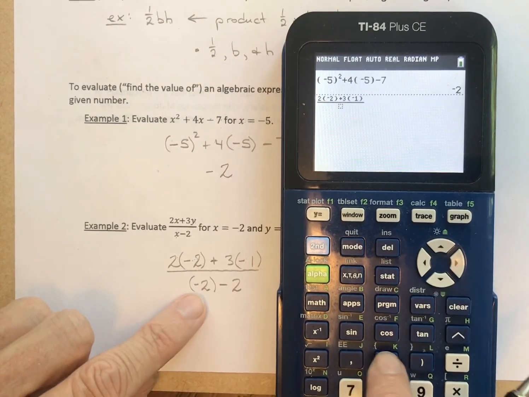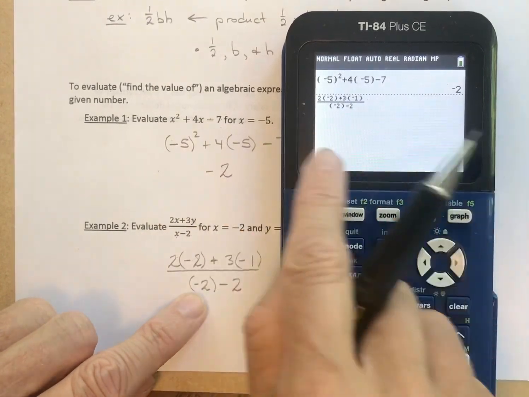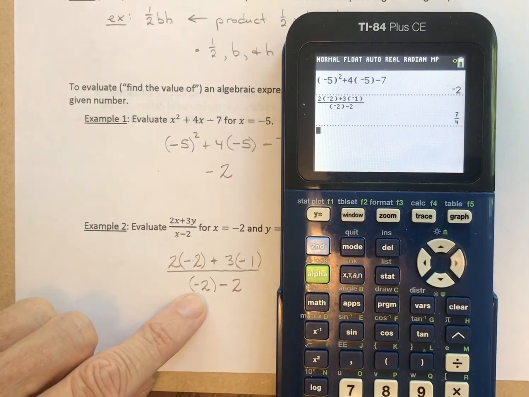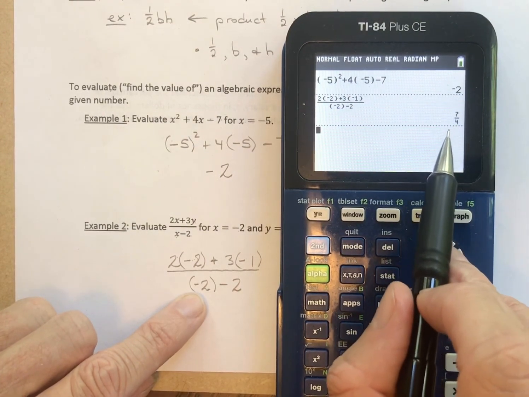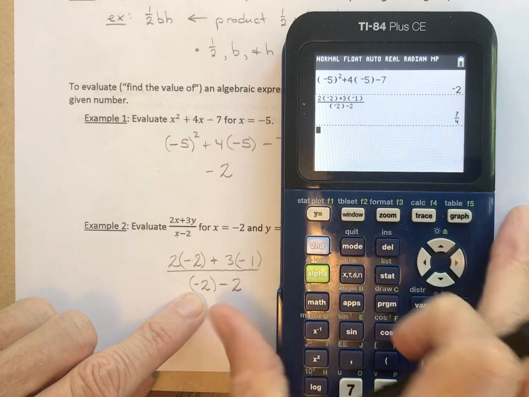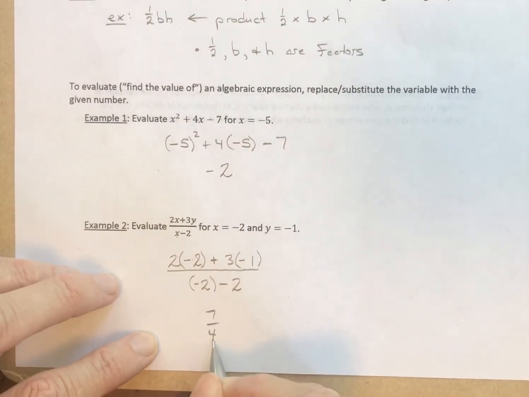The denominator is open parenthesis, negative 2 close parenthesis, minus 2. I press enter, and it looks like the value of that expression is 7/4. So this turns out to be 7/4.